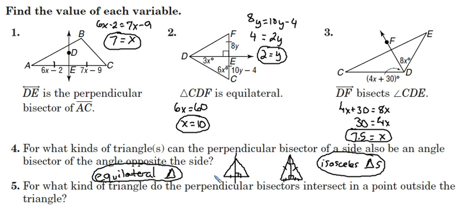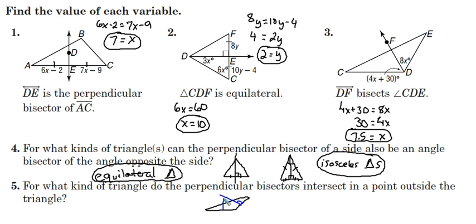Alright, last question. What kind of triangle do the perpendicular bisectors intersect at a point outside of the triangle? Okay, well, that would only happen on an obtuse triangle. Triangle similar to this, and then I make perpendicular bisectors for each of those sides. I'll try to approximate what that would look like. Coming off here, perpendicular.